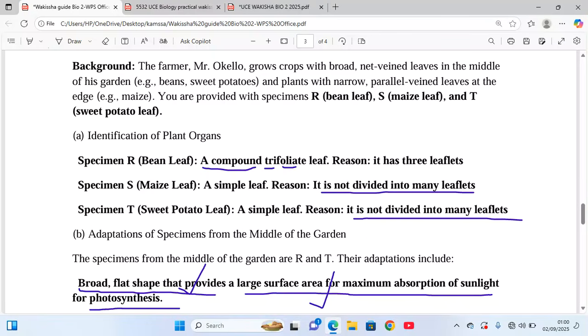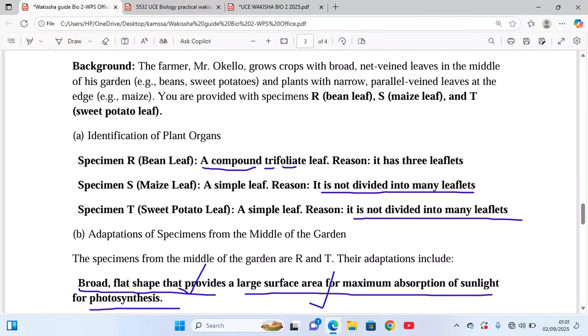So you're provided with specimen R, bean leaf, specimen S, maize leaf, and specimen T, sweet potato leaf. And you're required to identify those plant organs.